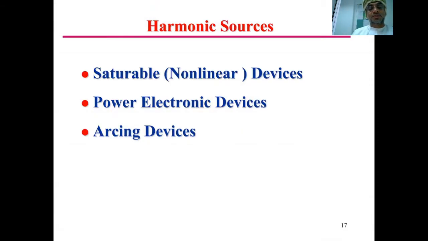What are the harmonic sources? We said non-linear loads, such as saturable transformers or non-linear resistors, electronic devices, and arcing devices. Of course, for arcing devices, we can have the arc furnace that is used to melt steel, or the light that we are using.